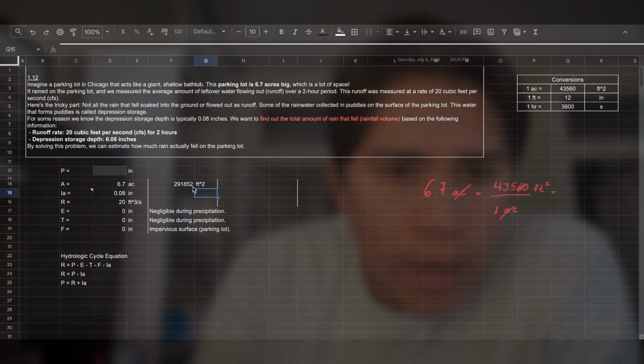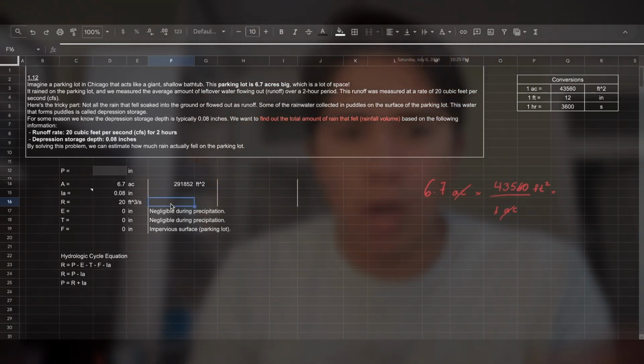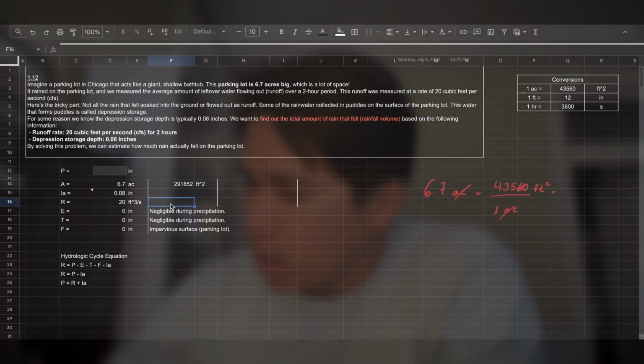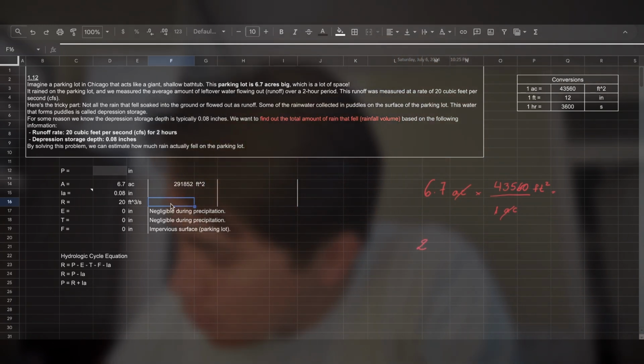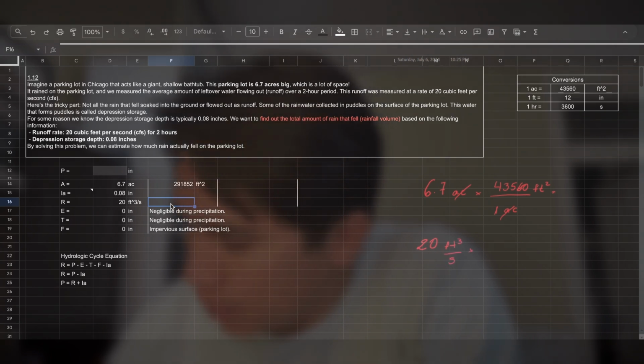Now that we have that initial expression in inches, let's convert the runoff into cubic feet. We have it as a runoff rate. We want the runoff volume, right? So this is for 2 hours. The conversion would look like this. It will be 20 cubic feet per second.